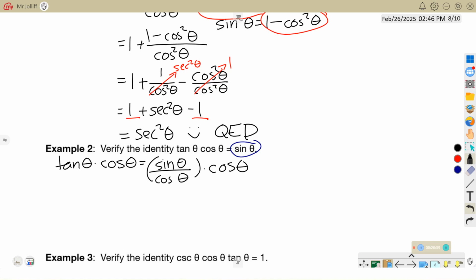That's one of those fraction definitions. Tangent is sine over cos. Then can't you just cross out the cosine and cosine? You can. Happy face.